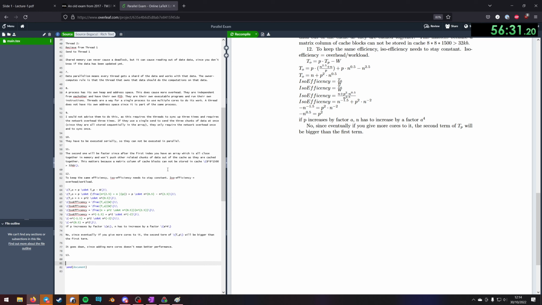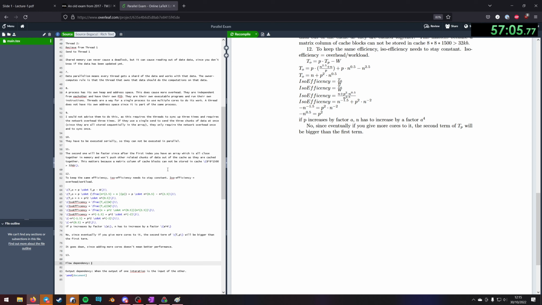So flow dependency, wait, let me go back. Flow dependency is when the output of one iteration is the input of the other. Yeah, true. So we can write that one down: flow dependency, when the output of one iteration is the input of the other.